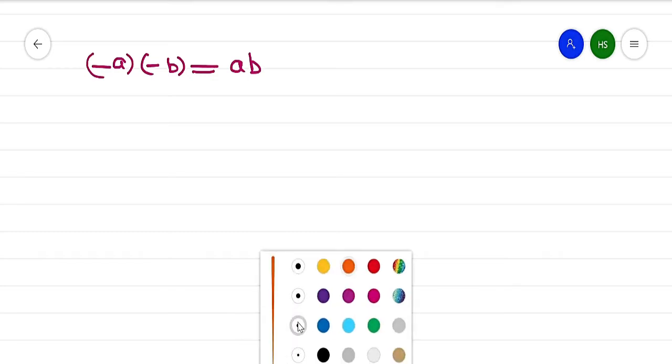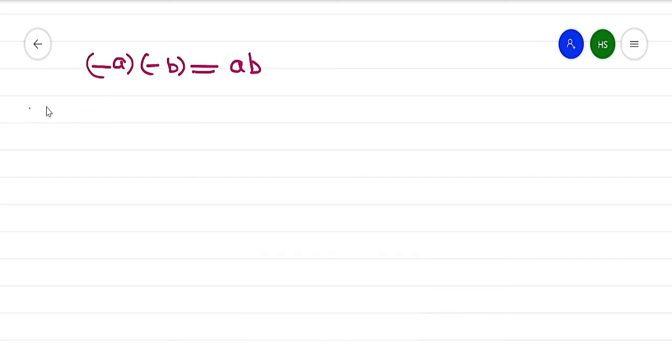Here I take minus a into minus b. Now by using result number 2, the previous result, this value can be written in this way.